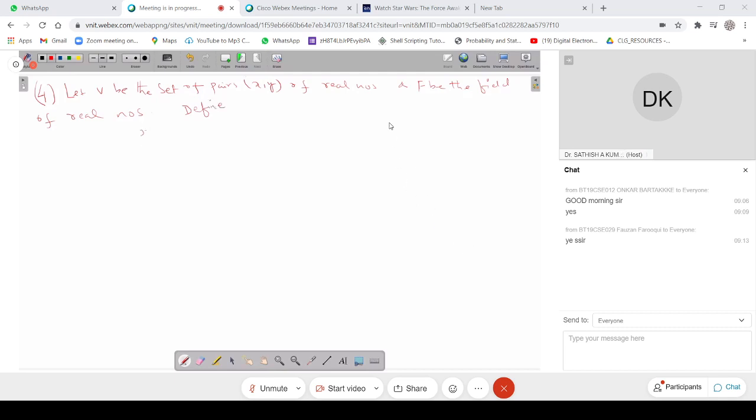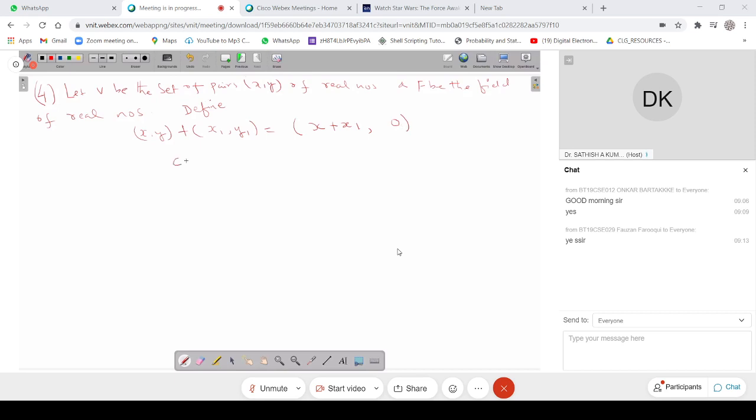Define x comma y plus x1 comma y1 as follows. Now it is defined. As I told you, this can be given in any way. The only thing is that we need to see that this is x plus x1 comma 0.